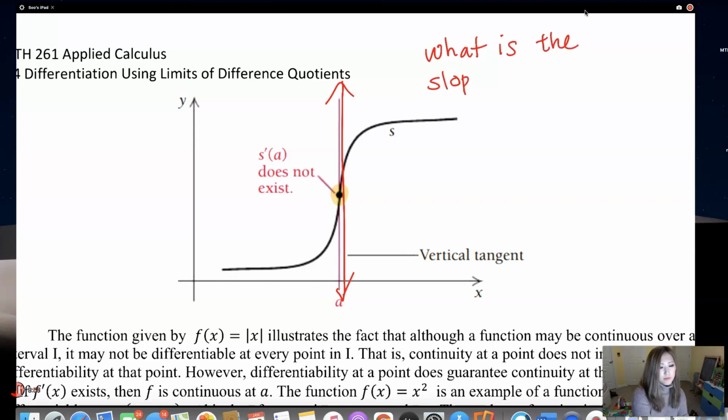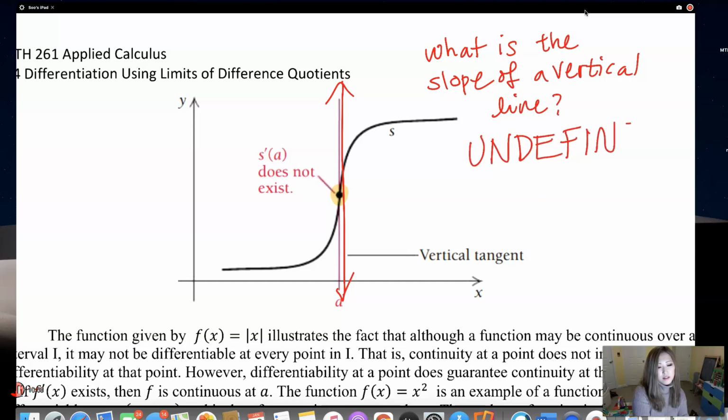What is the slope of a vertical line? It is undefined, right? And remember, derivative is the slope of a tangent line. So if I'm asking, hey, what is f prime of a?